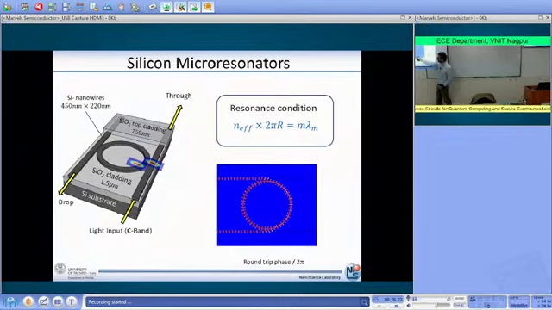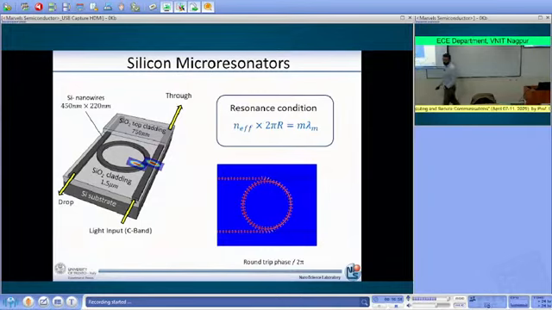But what is quite interesting here is that you are entering here, the light is traveling there, and now when the light is reaching this other coupling point, you may also have an overlap between the mode that is traveling inside the microring resonator and the mode that is traveling inside this waveguide. And therefore the light is entering here, is traveling there, and then a part of the light is coupled out on this other side. Okay?